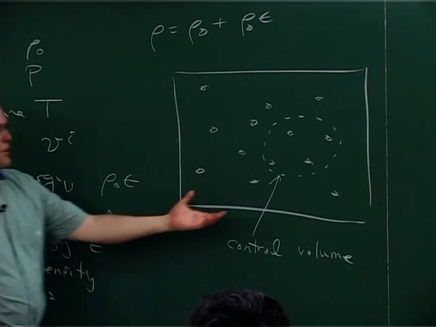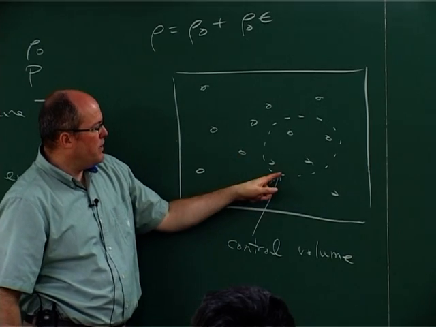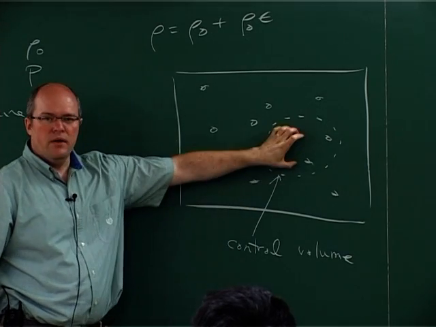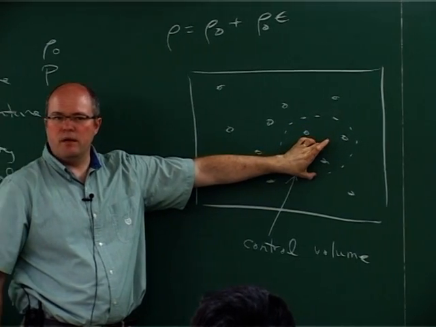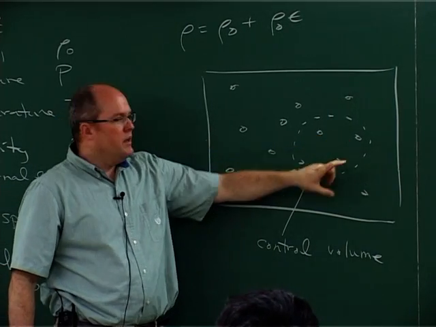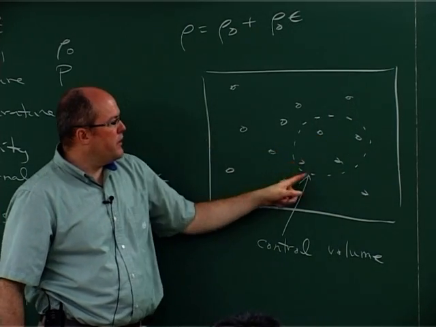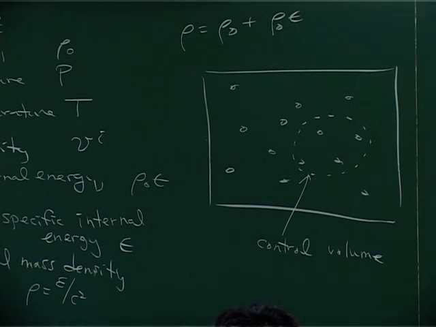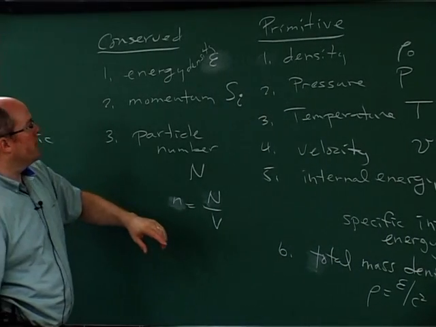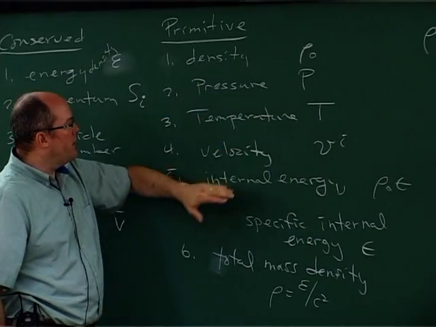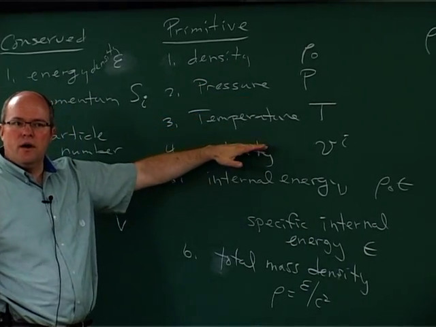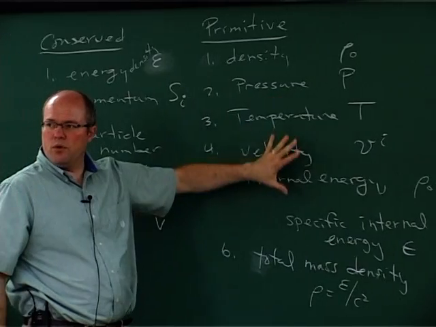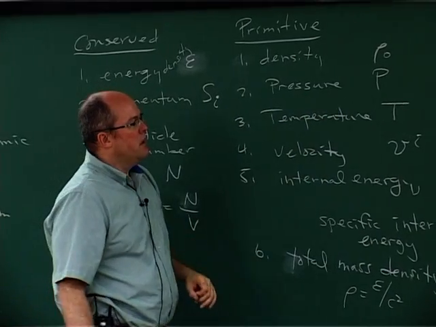And this is the scale at which I'm doing my thermodynamics. I want inside this volume the particles to be in thermodynamic equilibrium. And I can look at this volume here and I can count the number of particles and I can get a number density. I can measure their masses and calculate a density. I can calculate a pressure, a temperature, all assuming that I have some local thermodynamic equilibrium.